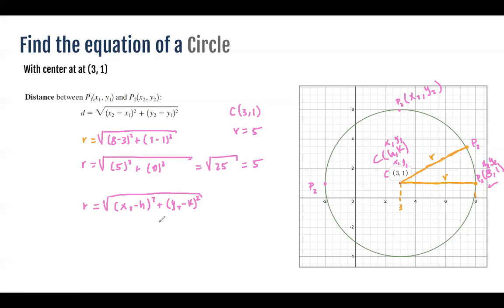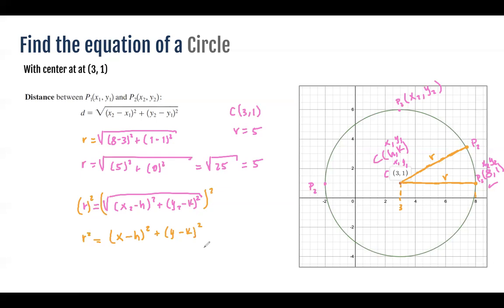And instead of writing it as a square root, if I square both sides of the equation, I'm going to have the radius squared is equal to x, in this case 2, or just x on the circumference, minus h squared plus y minus k squared. So this is basically the equation of any circle.